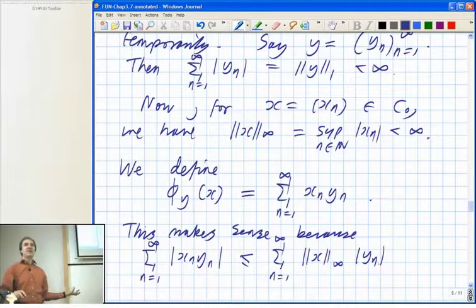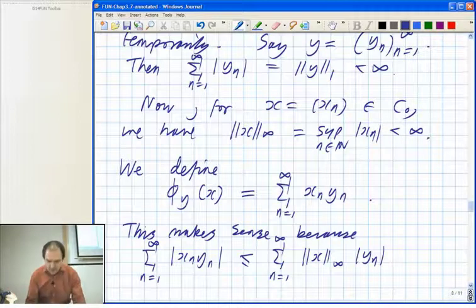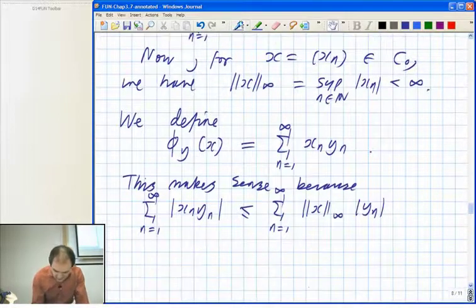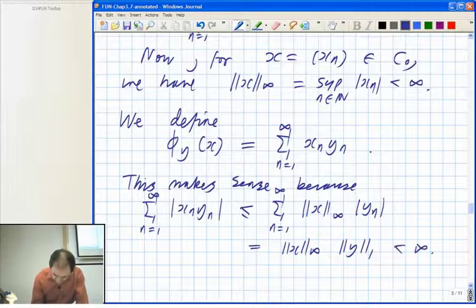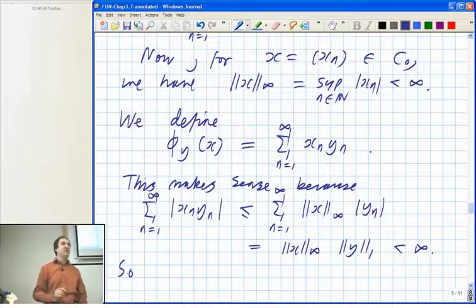Each of the modulus of the xn's is less than or equal to the norm of x infinity. And that's equal to norm x infinity norm y1, which is finite. So the series for phi y is absolutely convergent and convergent.